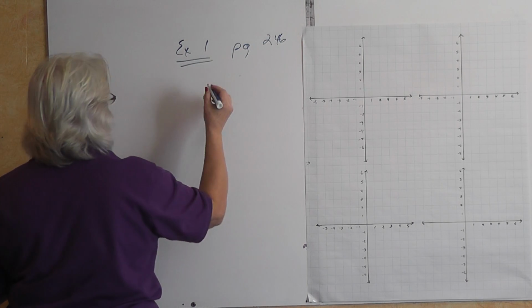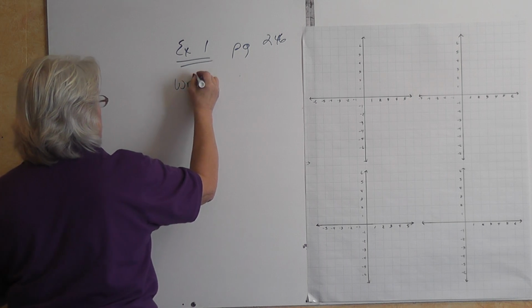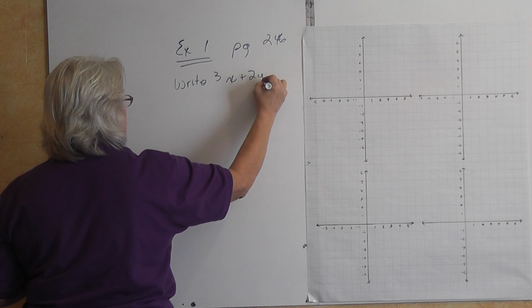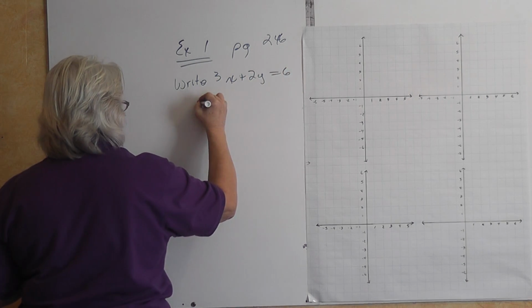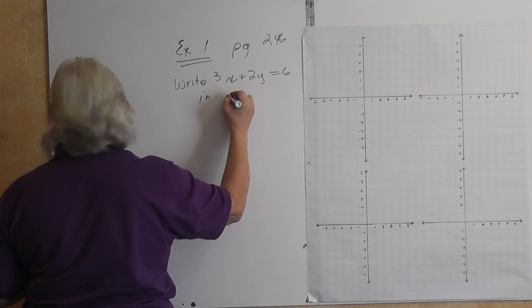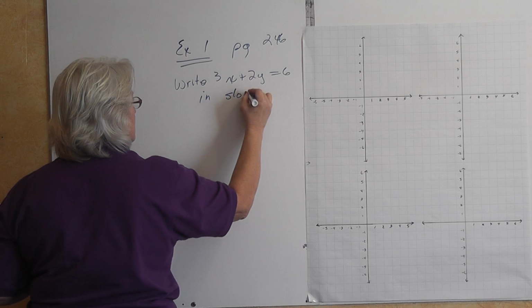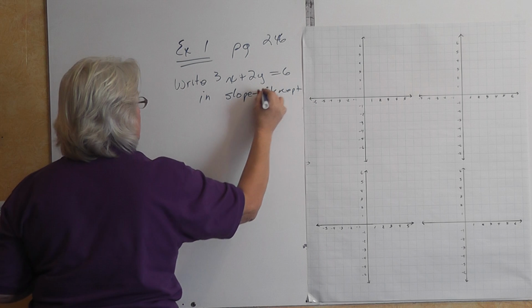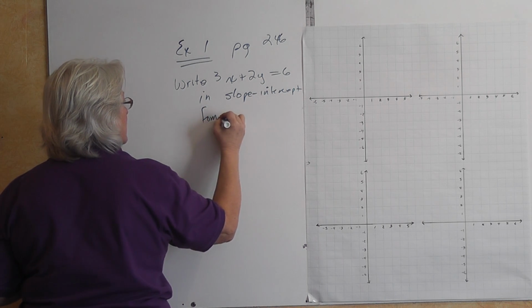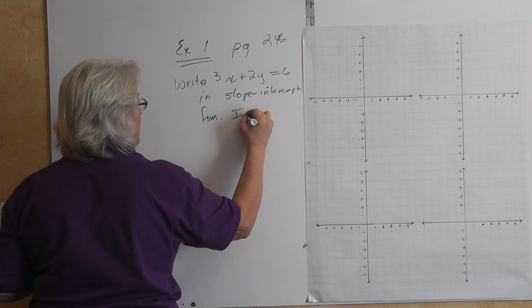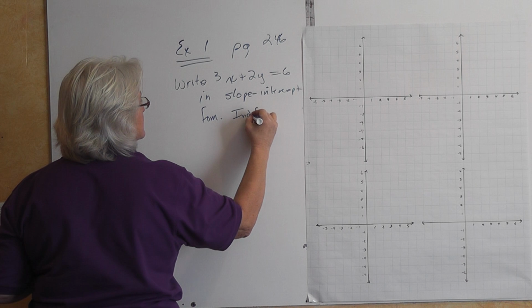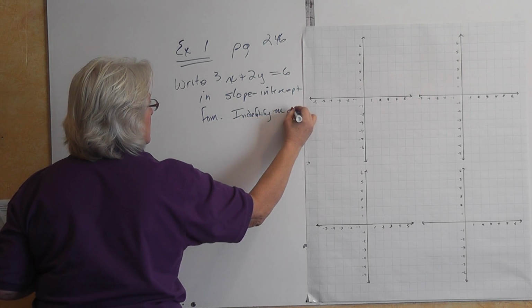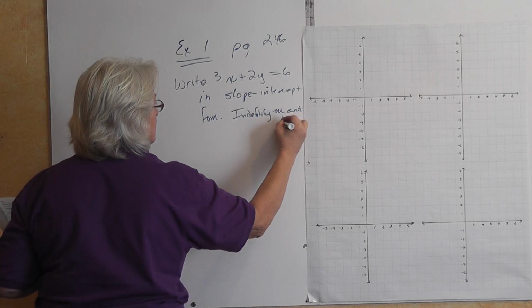And this says, write 3x plus 2y equals 6 in slope-intercept form, and finally, identify m and b.